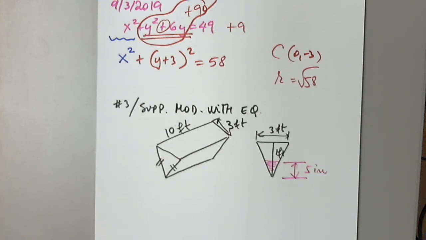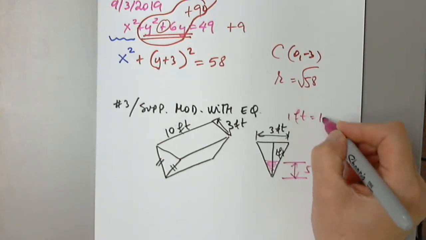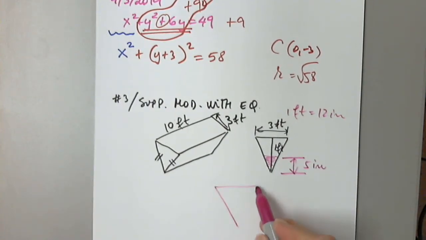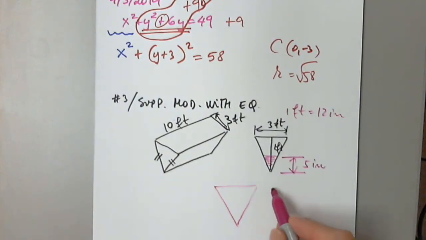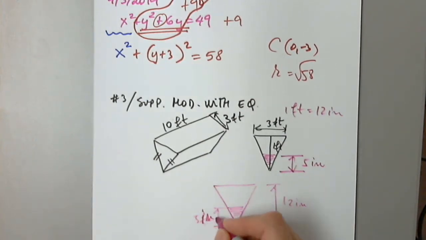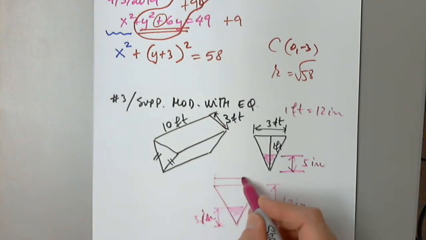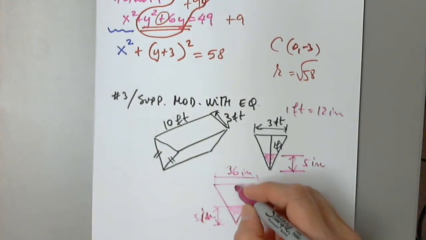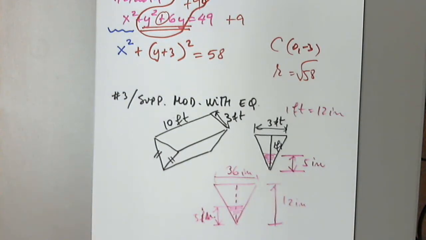We know that 1 foot is 12 inches, so we can say now that the height is 12 inches. This is 5 inches. And this is 3 times 12, which is 36. So in this case, we have everything measured in inches.